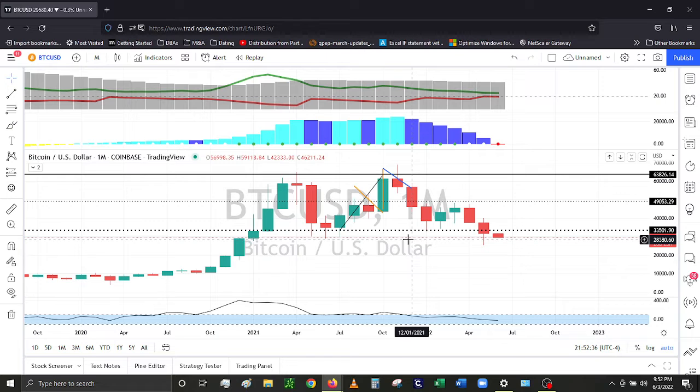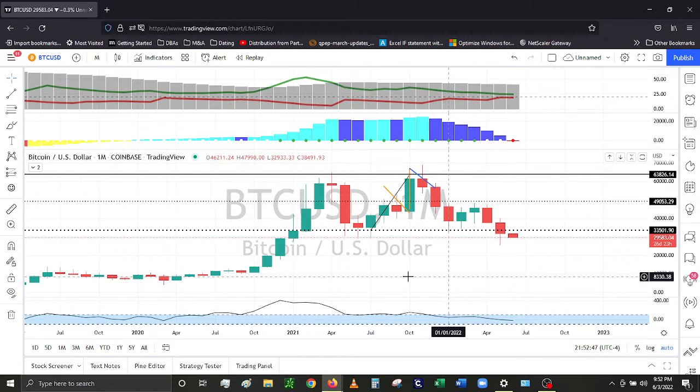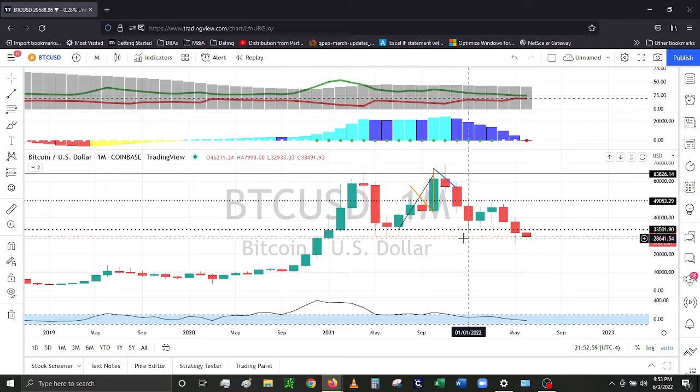But yeah, let's take a look at Bitcoin because everybody loves crypto. Crypto is extremely volatile, which means you can make high gains, high rewards, but that also comes with high risk.